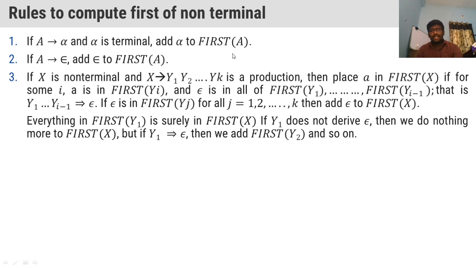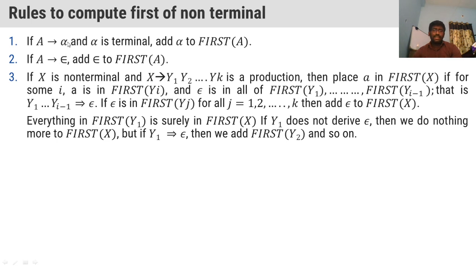Now let us understand the third rule. Suppose x is a non-terminal and x implies y1, y2 and so on up to yk. What do you mean by this? It is when you have non-terminals present on the right hand side. See the above two cases.